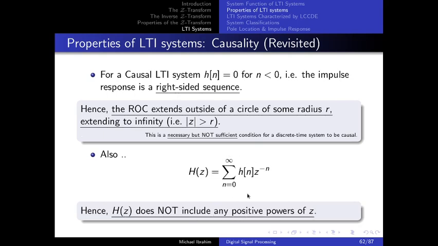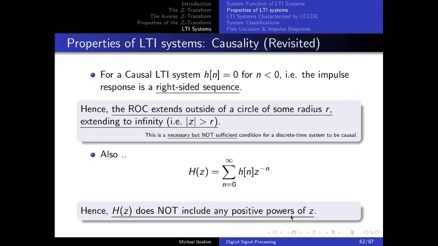If you expand the summation, it's h of 0 z to the power 0 plus h of 1 z to the power minus 1 plus h of 2 z to the power minus 2 and so on. All we have is negative powers of z. If we do not have any positive power of z, this is a causal system.